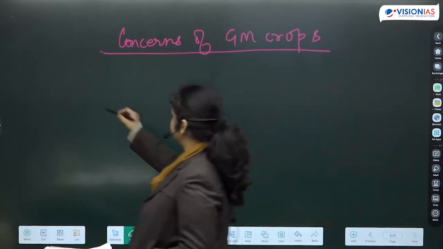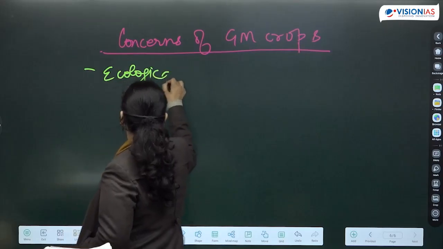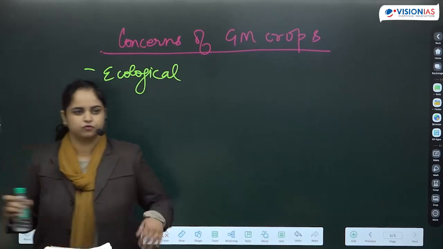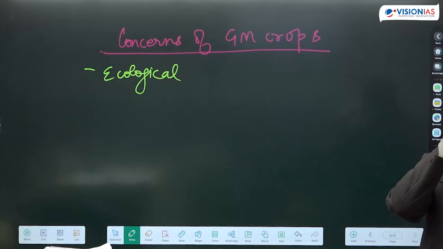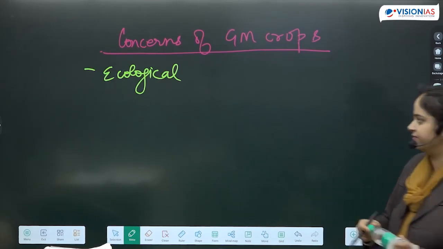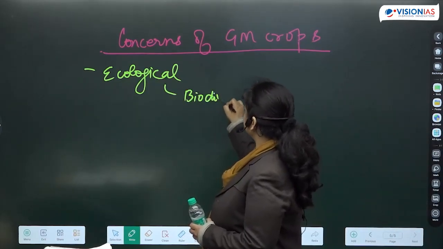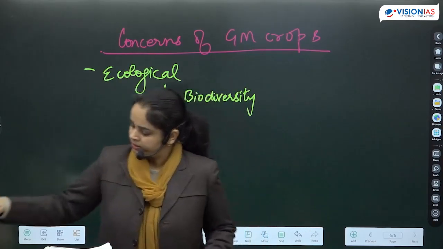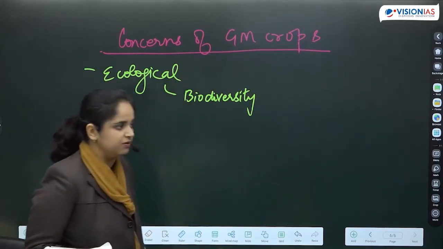Okay, you can have concerns on the ecology front. What will come under ecological? The food chain will get disrupted. Okay, fine. Anything else? Biodiversity will be impacted. See, when you think of a crop, it's not just that one crop which will be impacted.